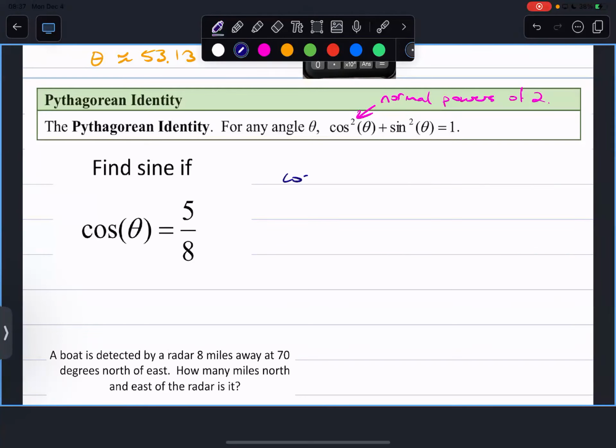So then if I have cos squared theta plus sine squared theta is 1, but I know that cos theta is 5/8, then 5/8 squared is cos squared theta plus sine squared theta is 1. 5/8 squared, 5/8 to the power of 2.